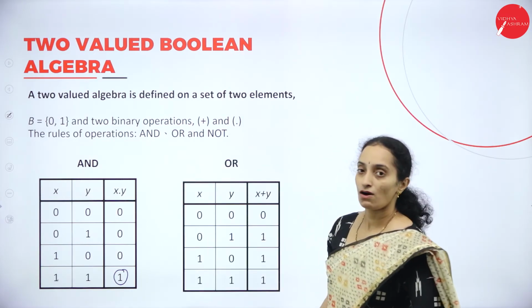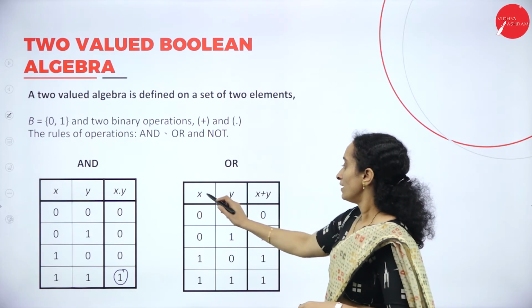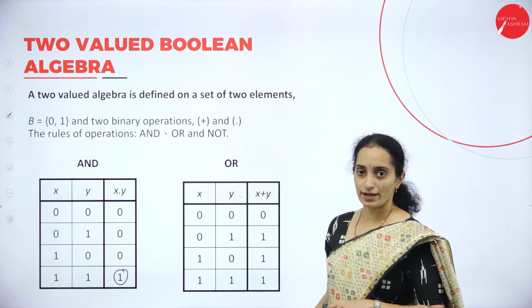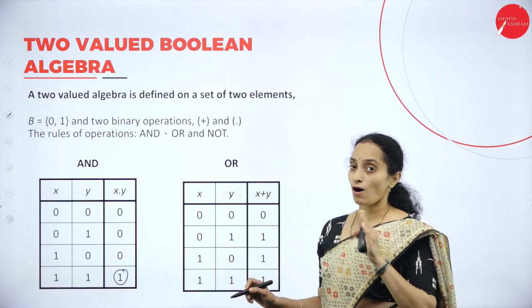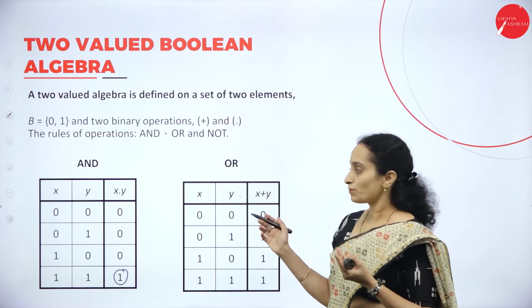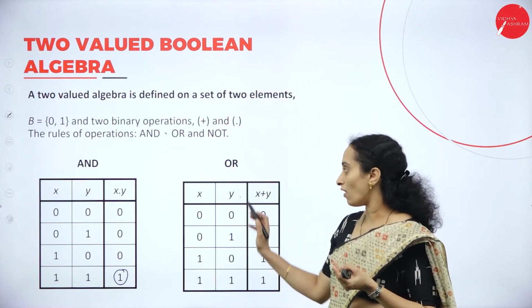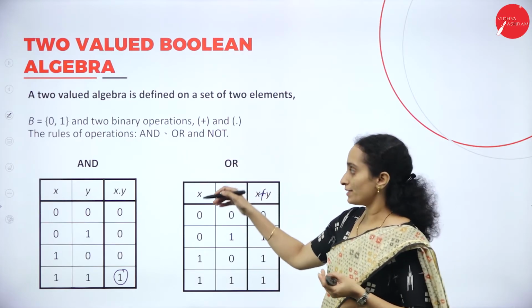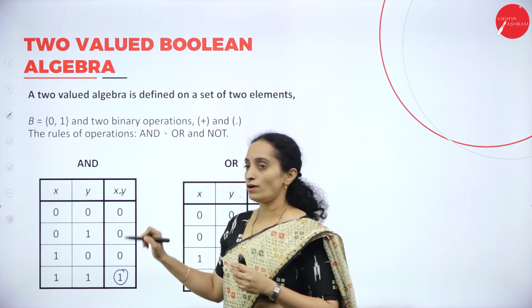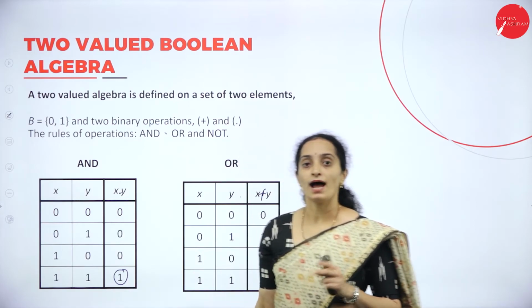Next is the OR operation. X plus y gives the same result as the OR operation: if any one is 1, the result is 1. So plus represents the OR operation. The dot operator represents the AND operation.